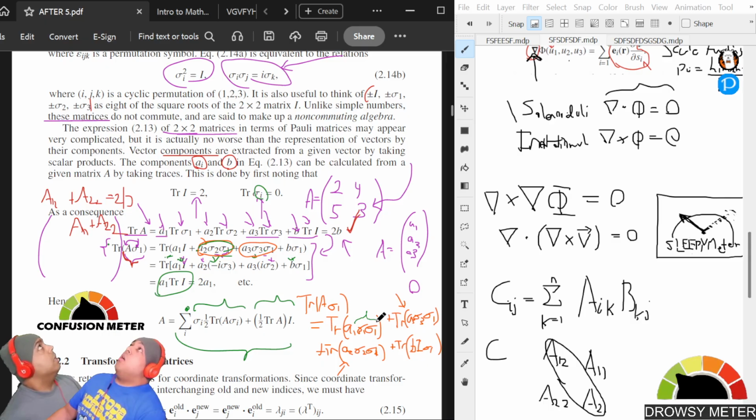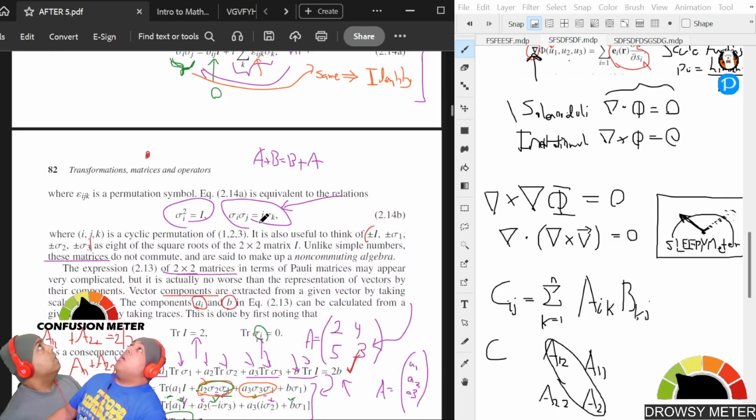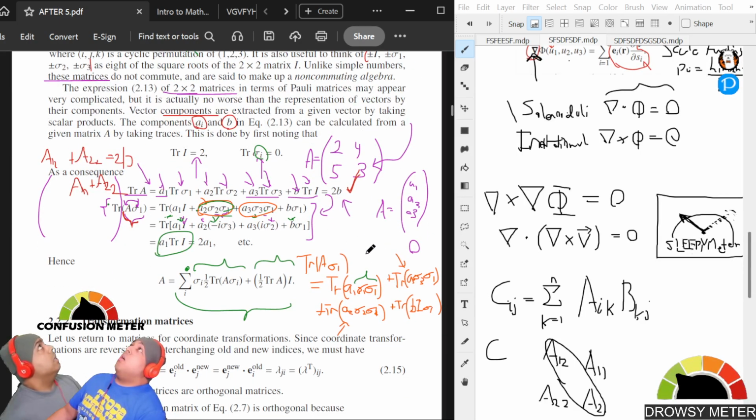Okay, I know I can simplify this. Row 1, row 1. If two guys are the same, you can replace them with I. So that's why this guy is I. A1I. So yeah, I have this guy as well. So B row 1. I have BI row 1.